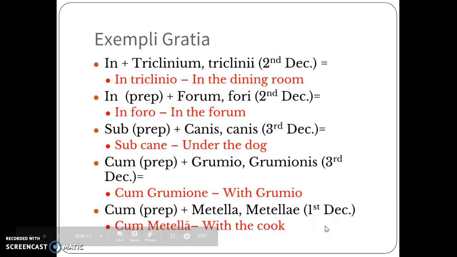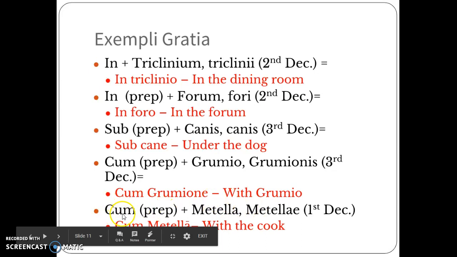So, intraclinium will be intraclinio. Make it ablative singular, intraclinio. In forum turns into in foro, in the forum. Sub canis turns into sub cane, because canis is third declension. It'll have an E ending. Cum Grumio is cum Grumione, because you take that second principal part, cut off the ending, and replace it with the ablative singular E. That'll be with Grumio.